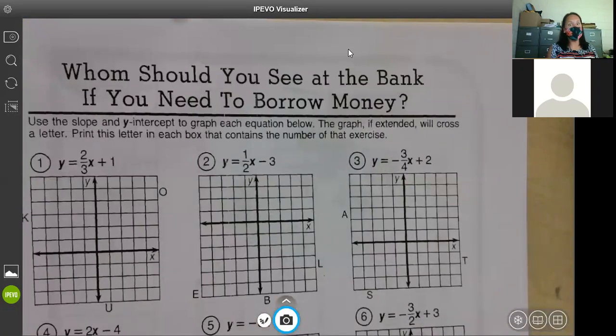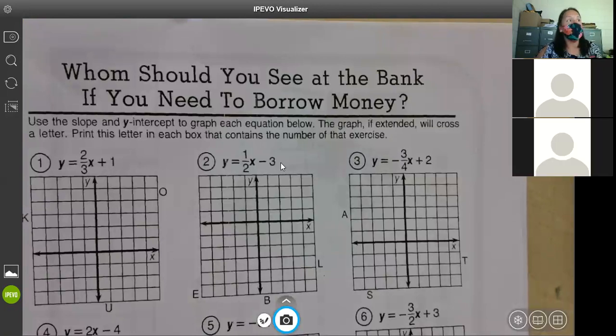Zoomers, do y'all have this page? Hello? People on Zoom, do you have this page? Okay, is it in a different packet? Somebody said yes.